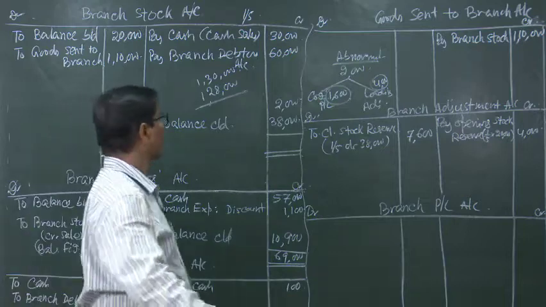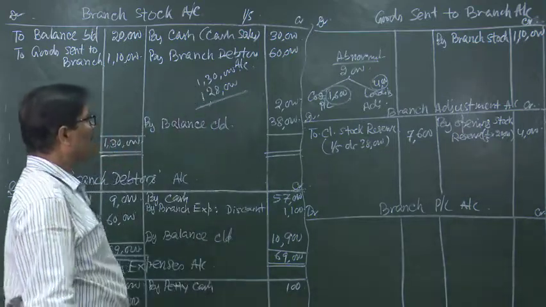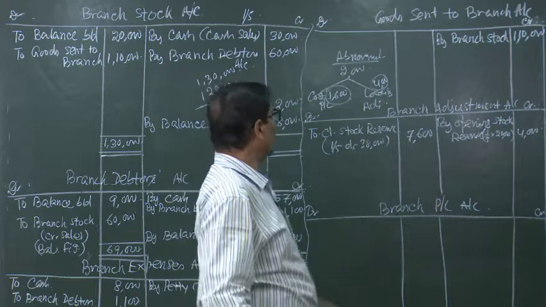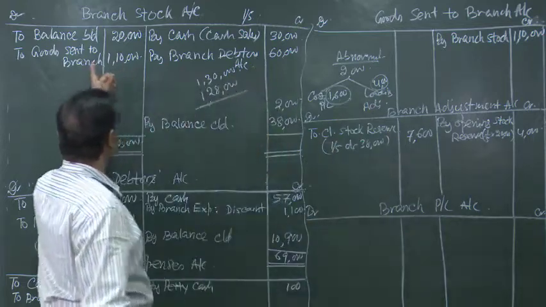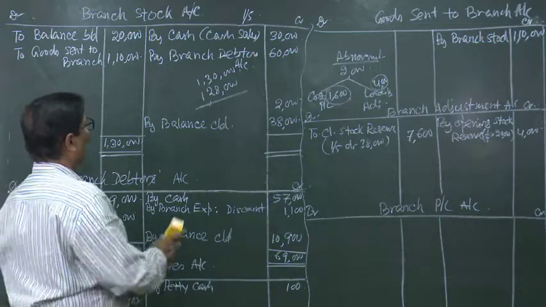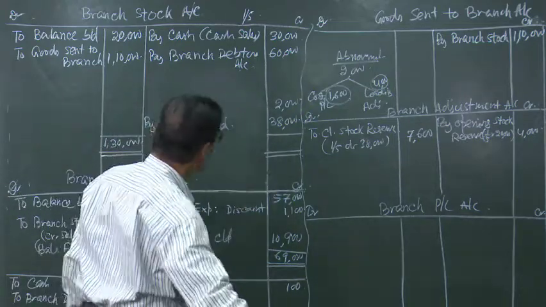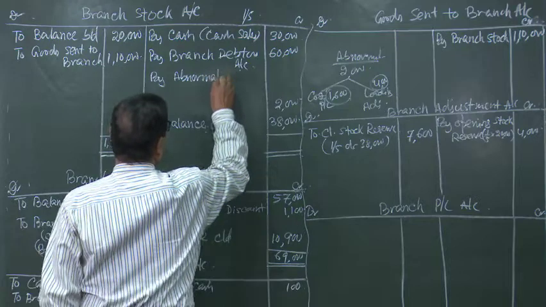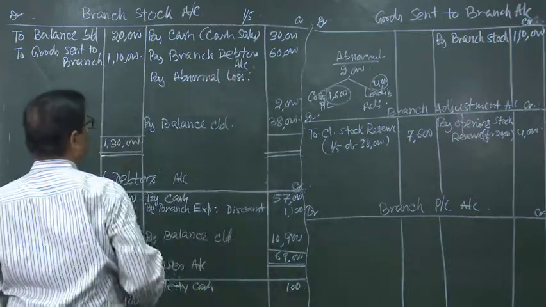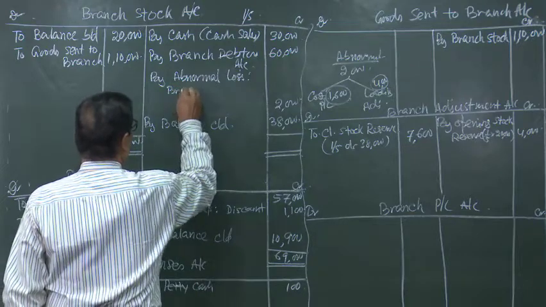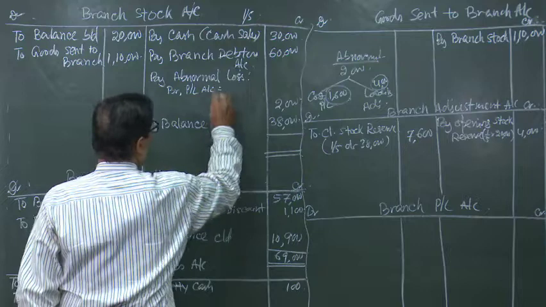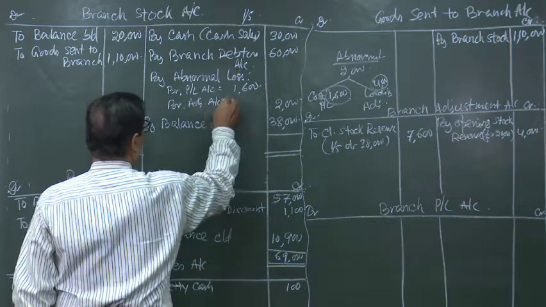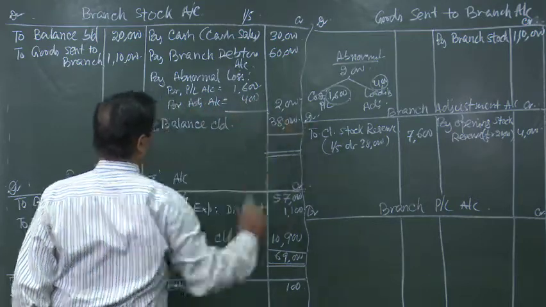So, the entry will be branch PL account debited 1,600 with the cost, branch adjustment account debited 400 with the loading, to branch stock account, or in other words branch stock account will be credited by abnormal loss, branch PL account 1,600, branch adjustment account 400. In this way it is coming to 2,000.